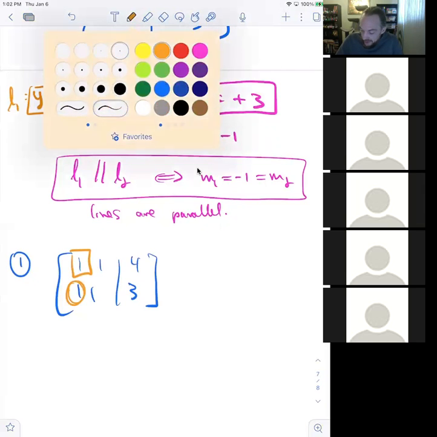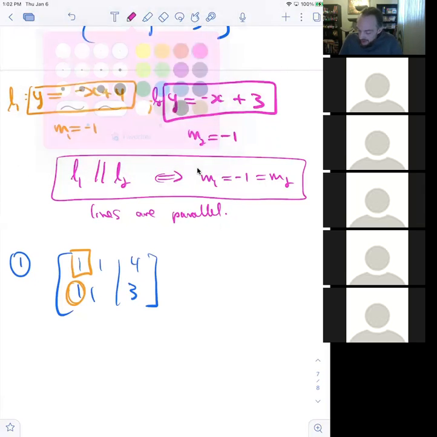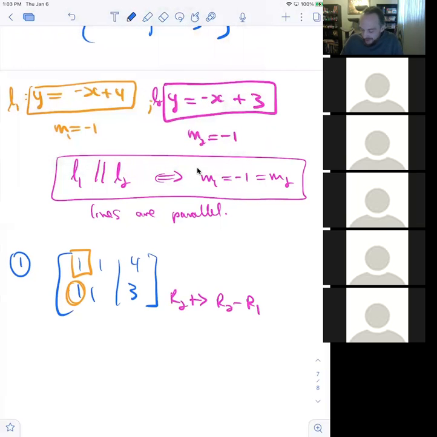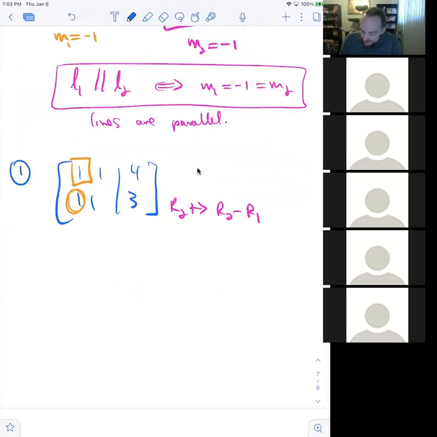So what I'm going to do is row 2 goes to row 2 minus row 1, but this time I'll get a contradiction. Be careful. This is what trips everybody up. What will that give me? This will give me 1, 1, 4, since equation 1 will never change.